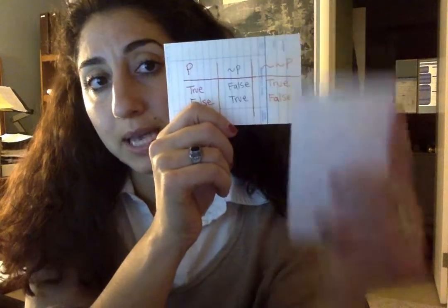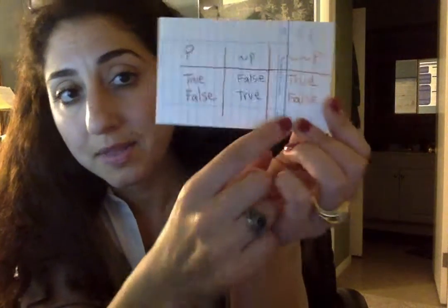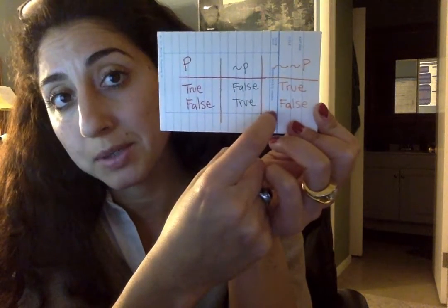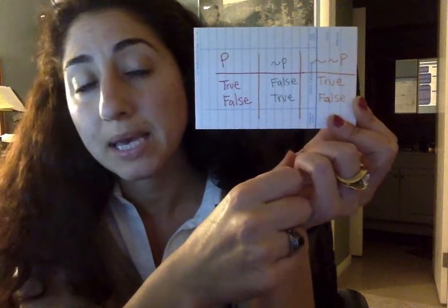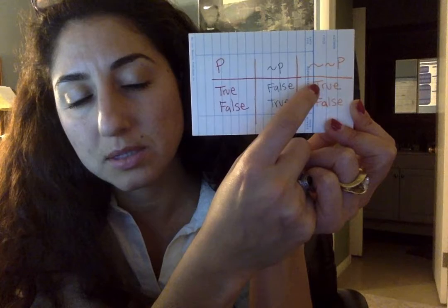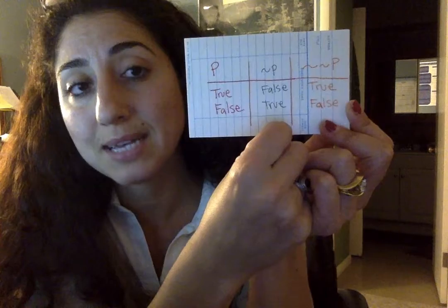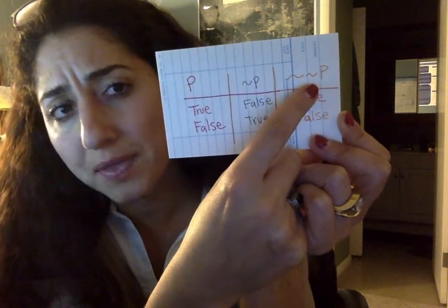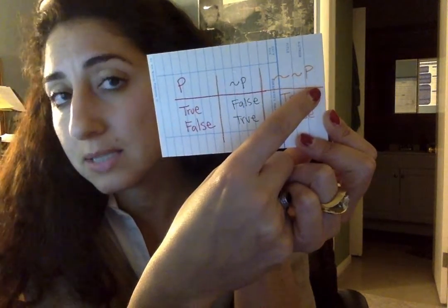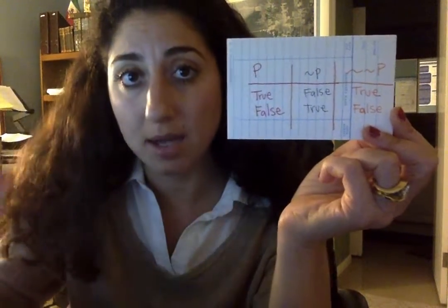Now, adding the double negation to complicate this slightly further, you might have noticed that the tilde tilde P always gives you the same truth values as P. Because in semantics, even in symbolic logic, there are rules where you can drop the double negation. So if I said, it's not true that it's not the case that abortion is immoral, that's the same thing as saying abortion is immoral, because I said not not.